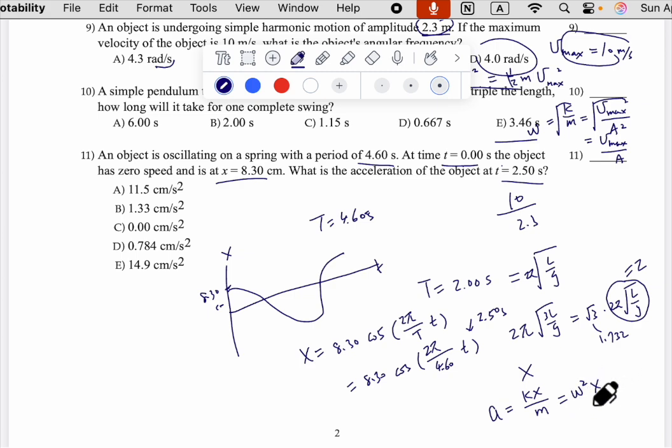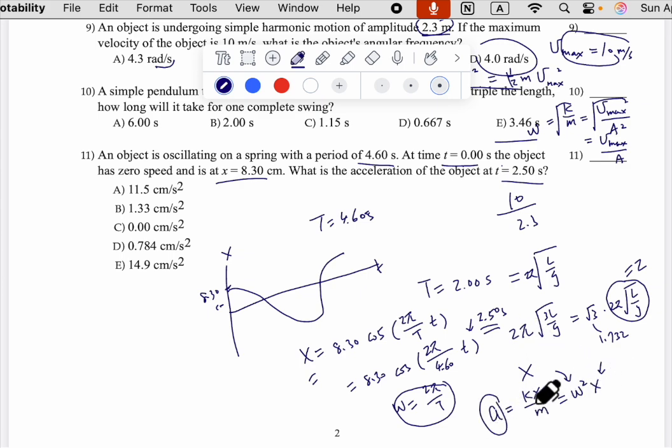And what is omega? If you know T, omega equals 2π over T. Because you know T, you know omega. So plug omega here, and plug in the displacement at 2.50 seconds.